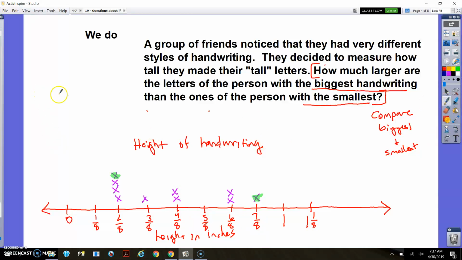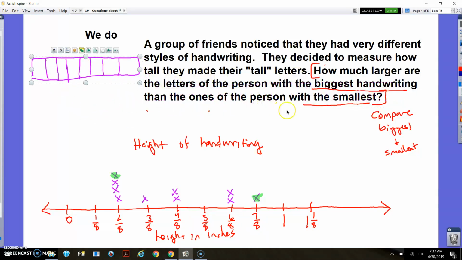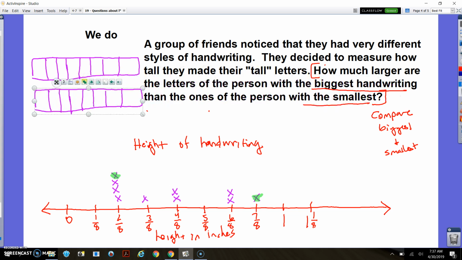So there are two ways you can do it. One, you can do a visual. You can draw some eighths. Can I move that? Cool. So I can use these two, if I line them up just right, to compare.